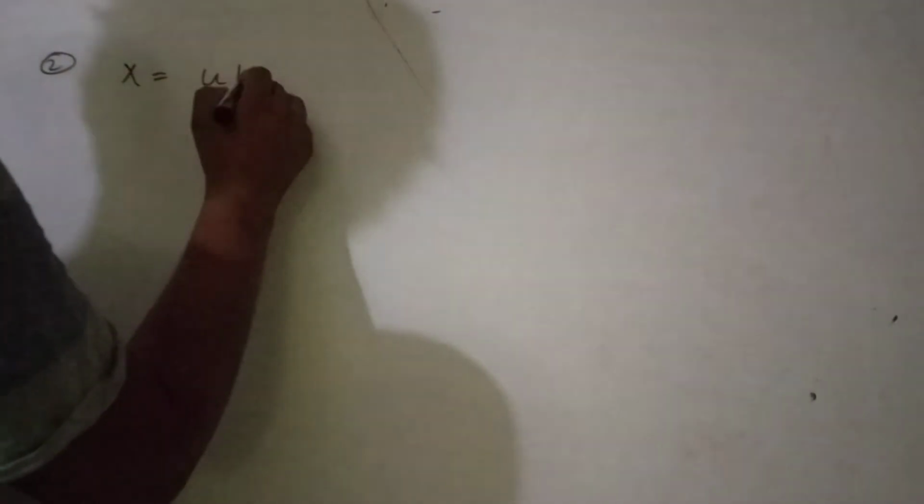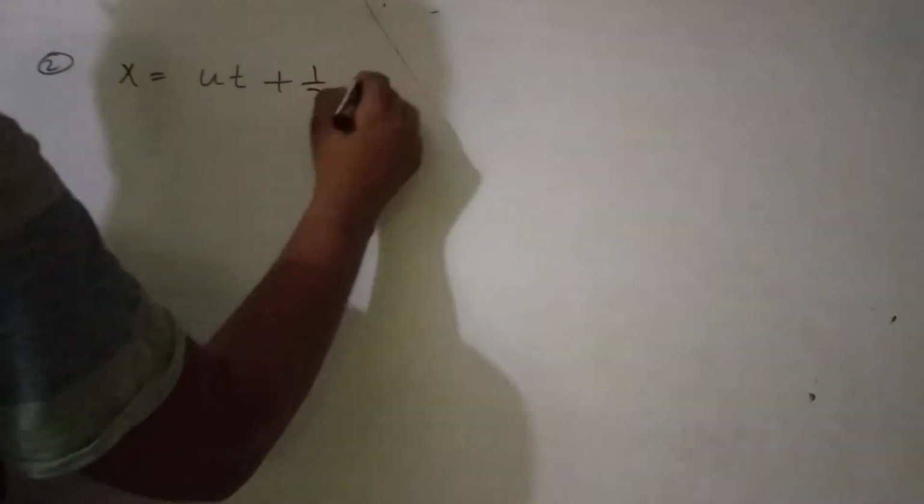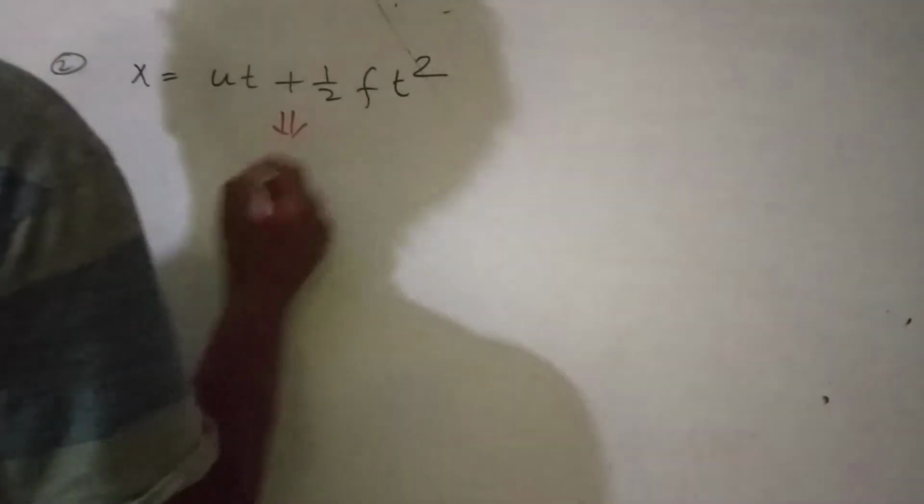So the second example is, suppose x is equal to ut plus half f t square. Now how to convert this into a Java expression?